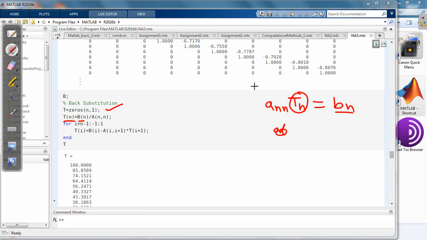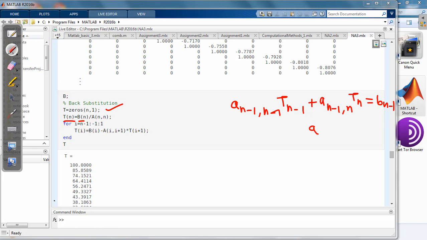And what was there in the previous term? Definitely in the previous term it will be a(n-1). In a(n-1) into T(n-1), that will also contain quantities like a(n-1,n-1), this is the diagonal term T(n-1), and a(n-1,n) Tn is equal to b(n-1). So you see that in the last term, where Ann Tn is equal to Bn, you already know what is Tn.